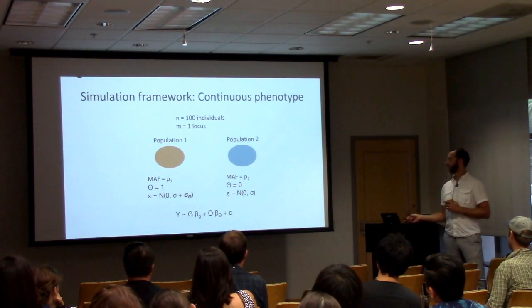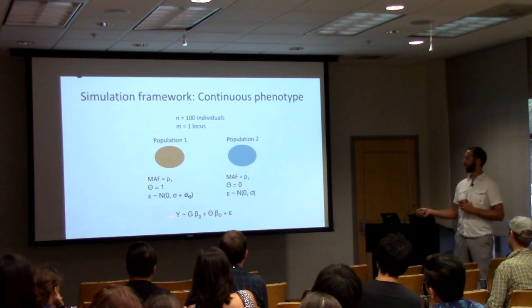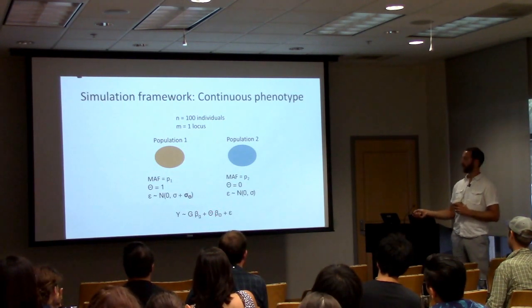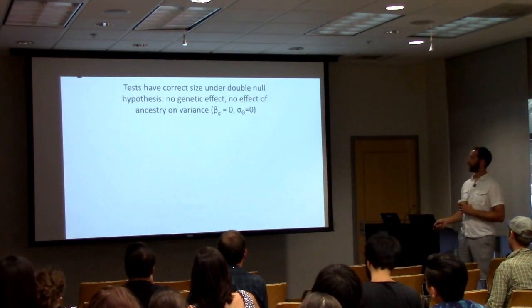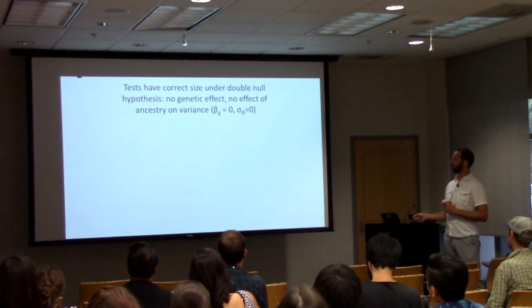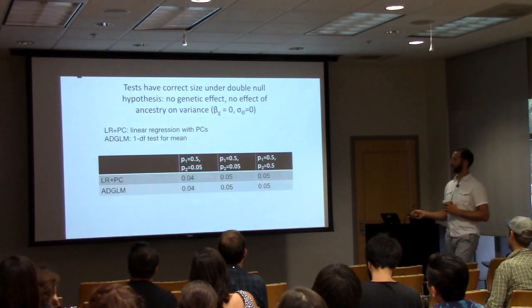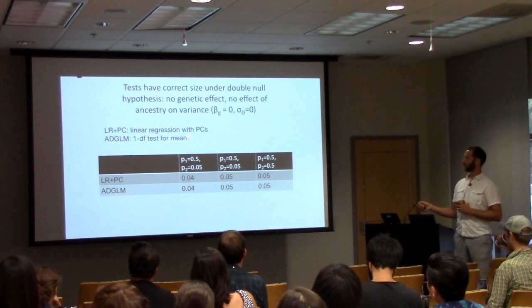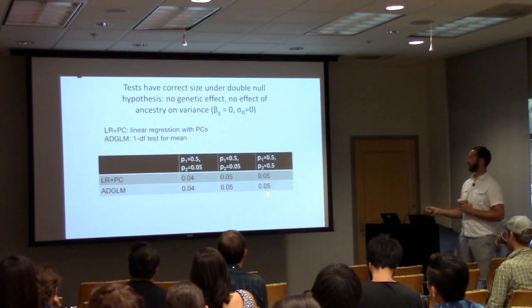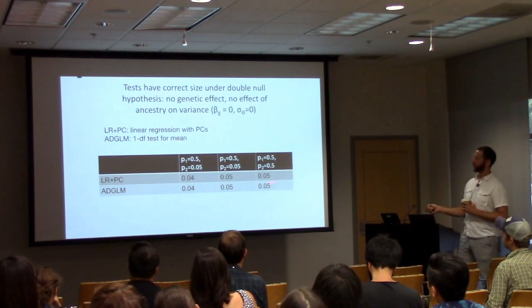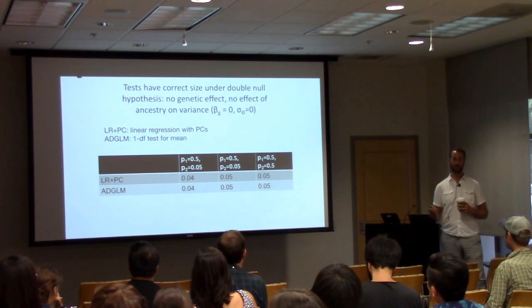Okay? And this is our model for y, g beta g plus theta beta theta plus epsilon, where this is our distribution of epsilon. All right, so if we think about the double null, and we look at ancestry DGLM and linear regression with PCs, this is the power, so it's 5%, and so everything's kind of cool under the null.